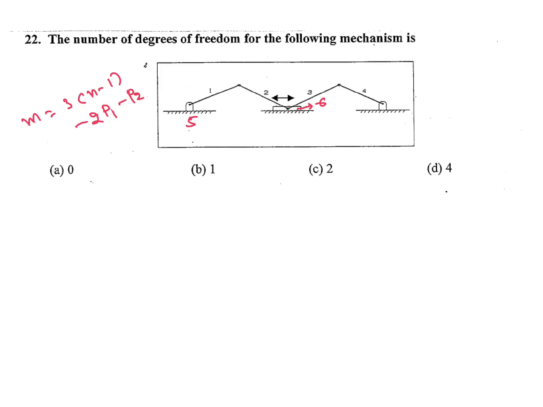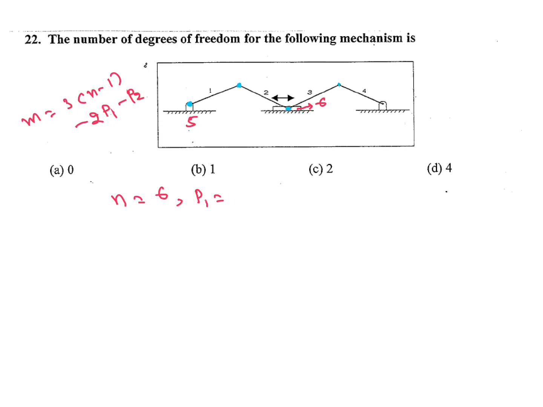And P1, we have to calculate the lower pairs. 1, 2, and here 3 links are connected, so 3 minus 1, 2. 1, 2, then 2, 4, 5, 6.